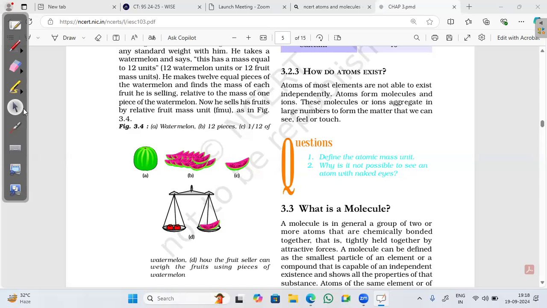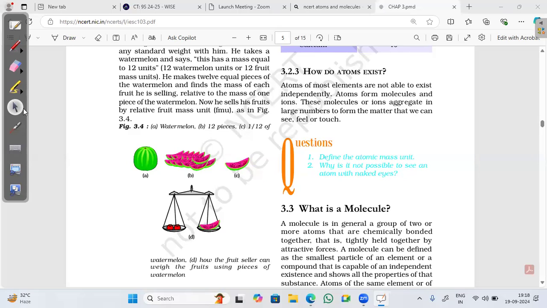Because their particle size is very small. Yes, atoms are too small to be observed with the naked eye. So that is why they cannot be seen with the naked eye.